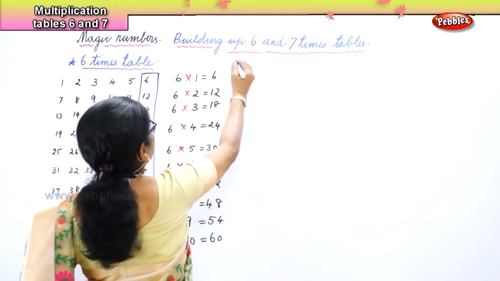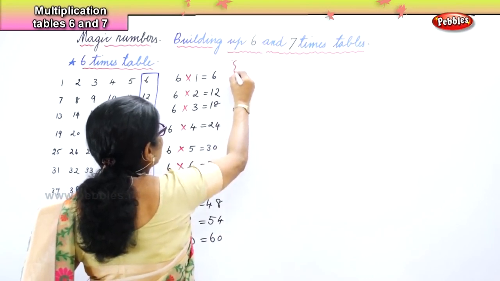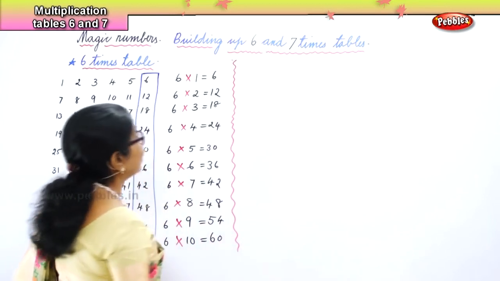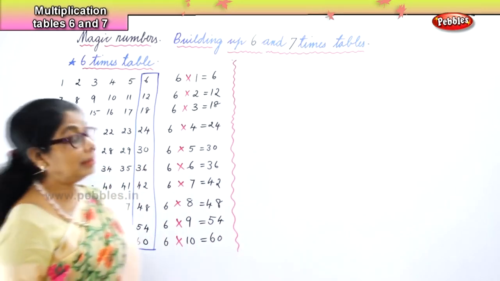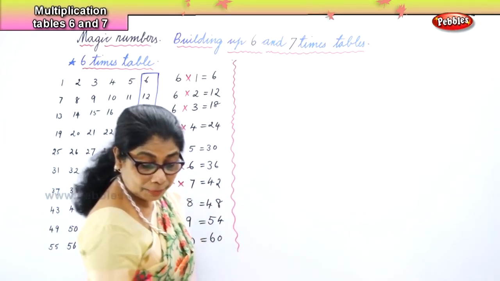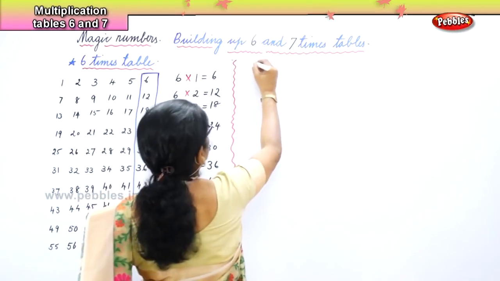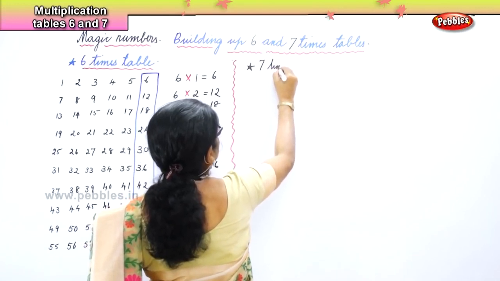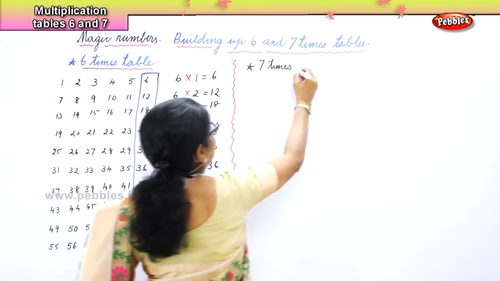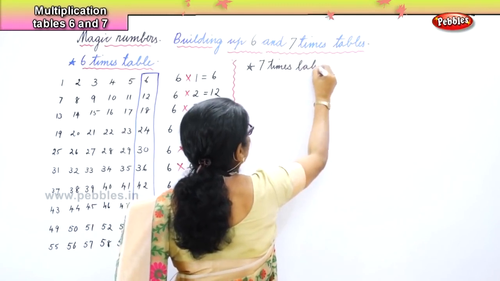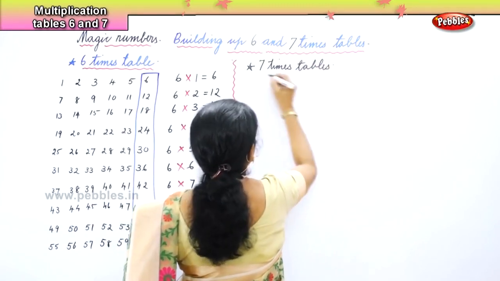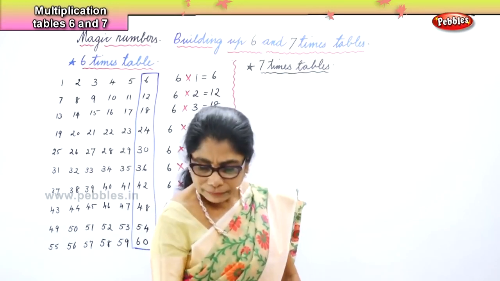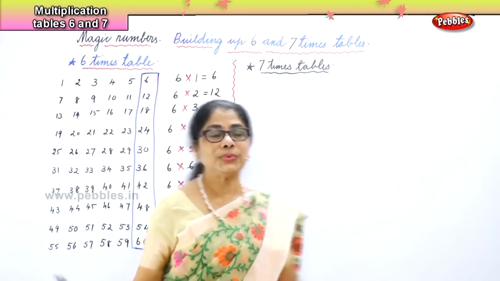Okay. Now, let's go on to build our 7 times table. We'll write the 7 times table using magic numbers. That's what we are going to do. In this, we simply write 1 to 7.